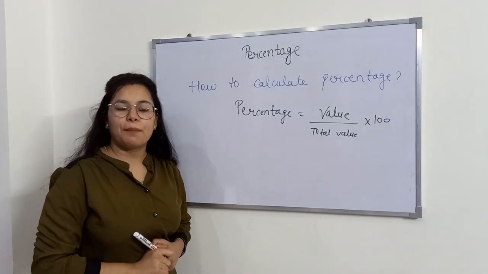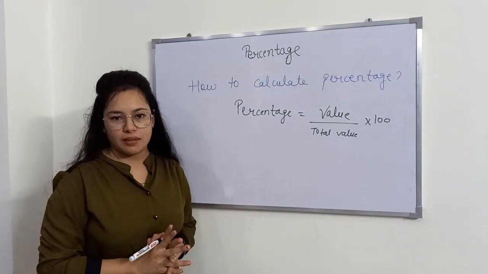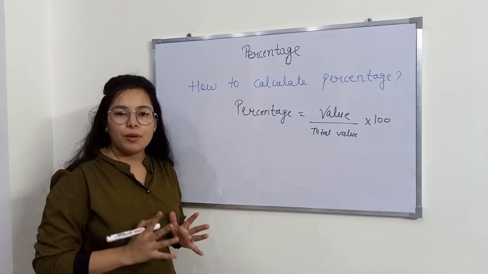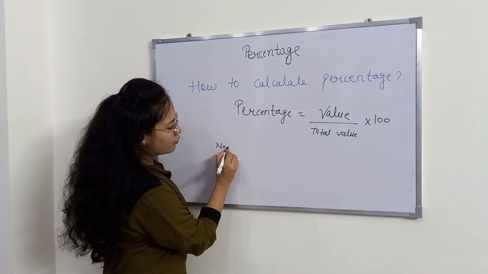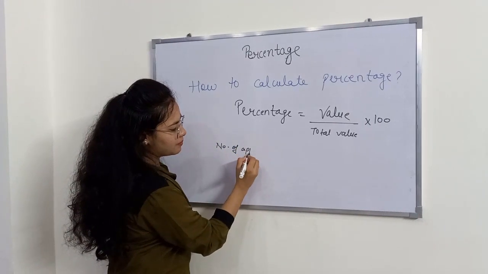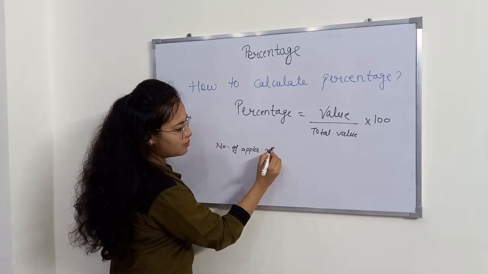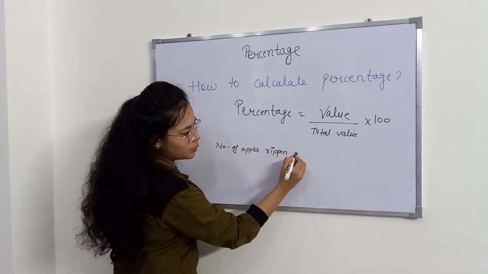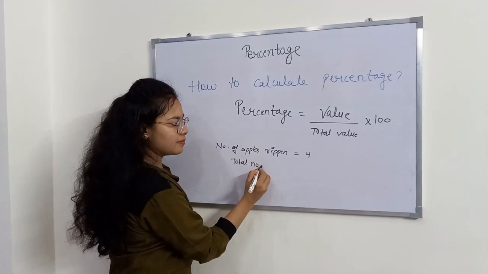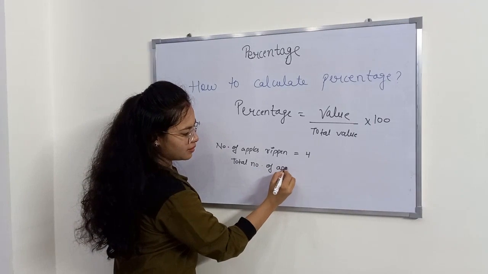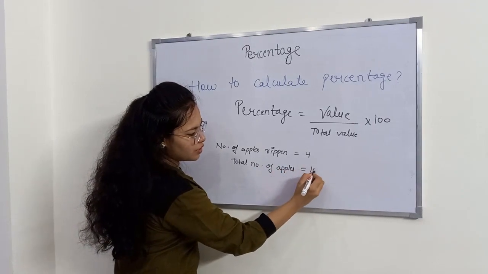Suppose we have 10 apples out of which 4 are ripened. So we have to calculate what percentage of apples are ripened. Number of apples ripened is equal to 4 and total number of apples is equal to 10.